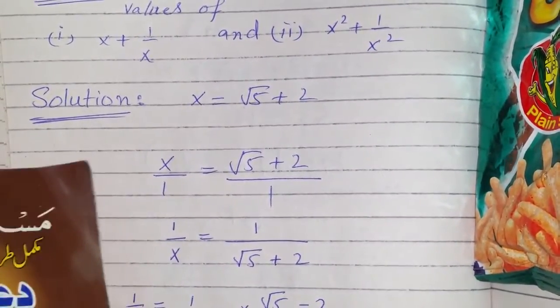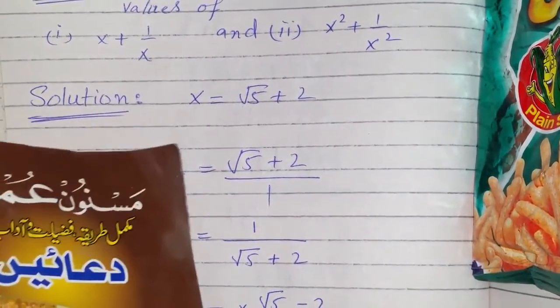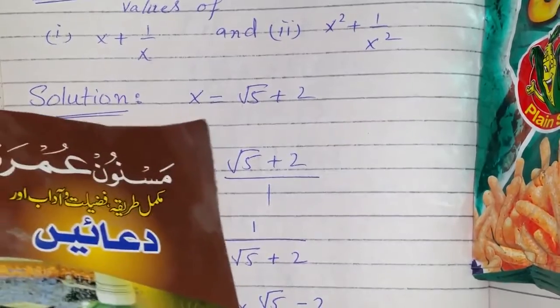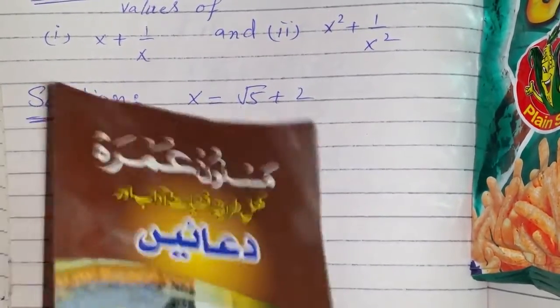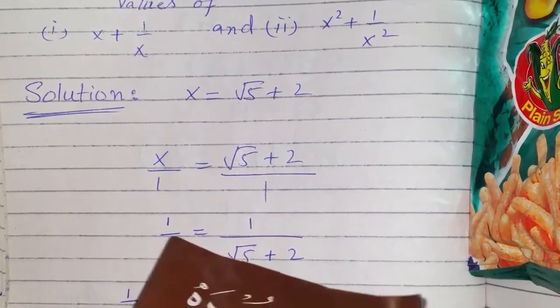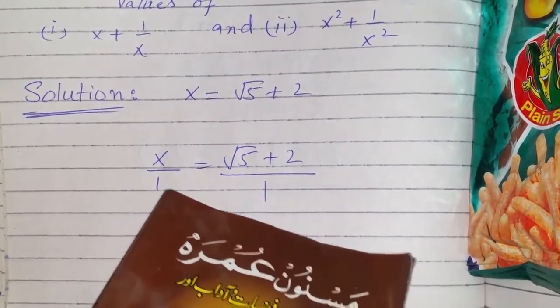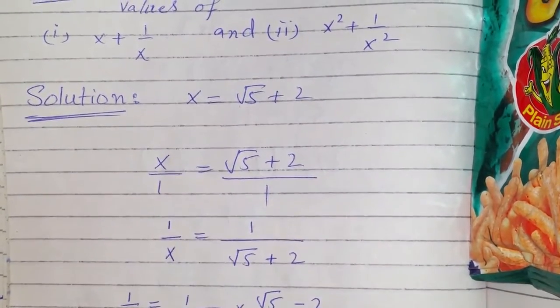Then I will add x and 1 over x. So I can write 1 in the denominator on the left hand side and on the right hand side, because dividing by 1 does not make any difference. So I have written 1 on either side.